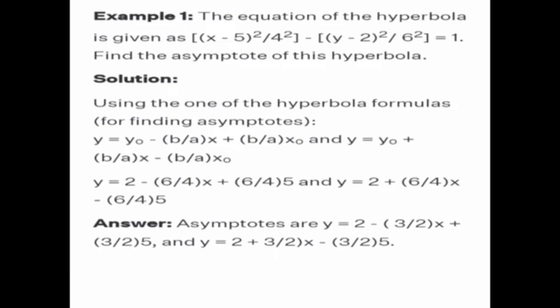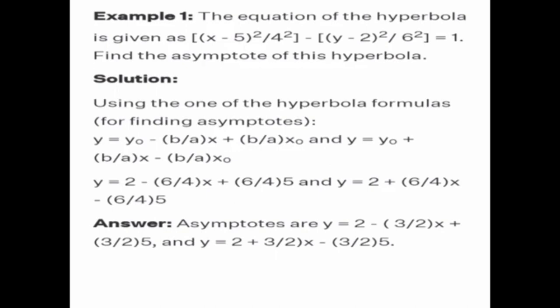Solution: using one of the hyperbola formulas for finding asymptotes, y is equal to y sub 0 minus b all over a times x plus b all over a times x sub 0, and y is equal to y sub 0 plus b all over a times x minus b all over a times x sub 0.